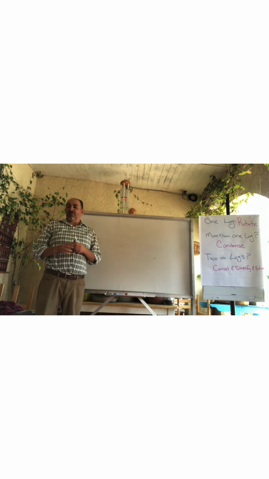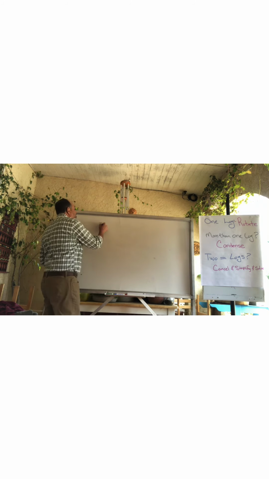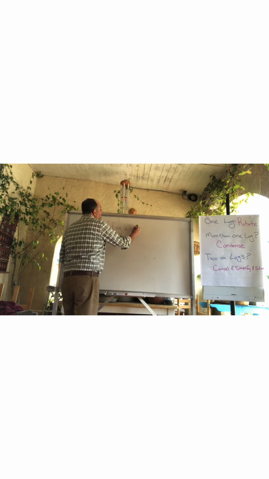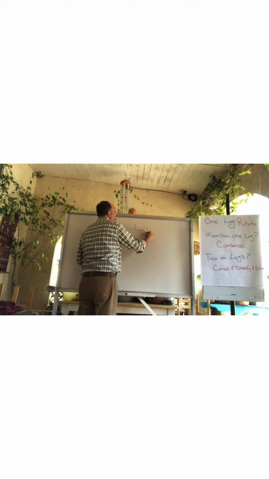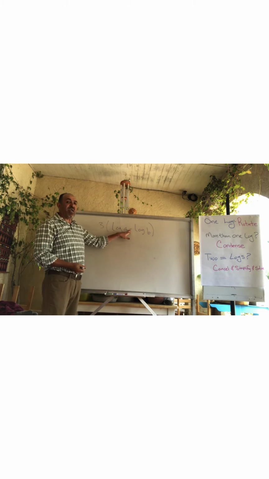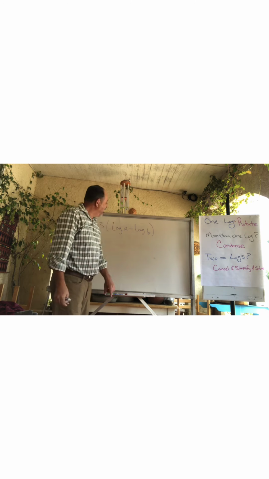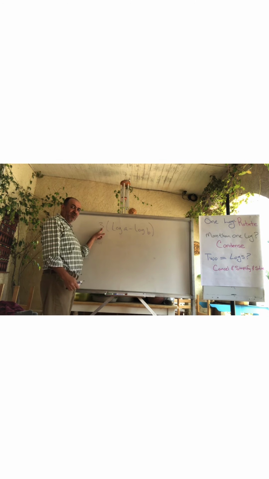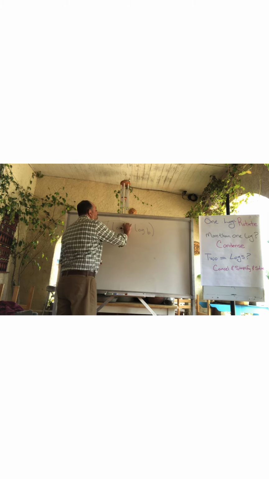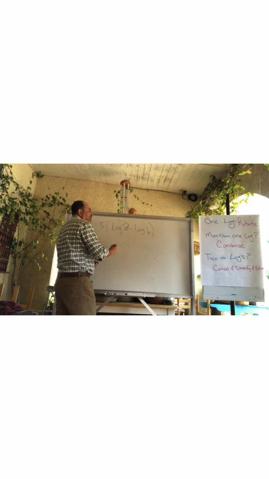Oh, let's try one with parentheses. Okay, let's say 3 log of A minus the log of B. One with parentheses. Well, first I notice there's a minus. That means there's got to be a division. But this is a power because it goes in front. But what you got to remember is that this power is going to have to go here and is going to have to go here.